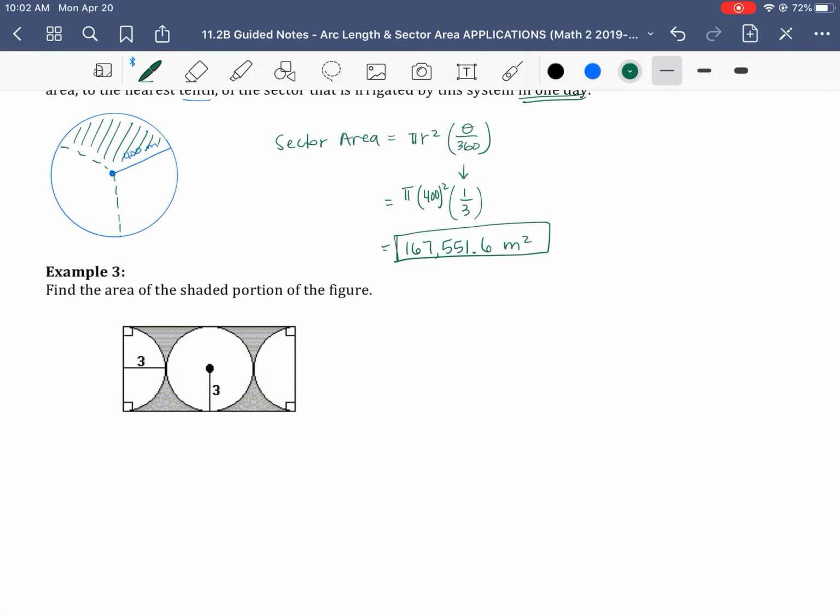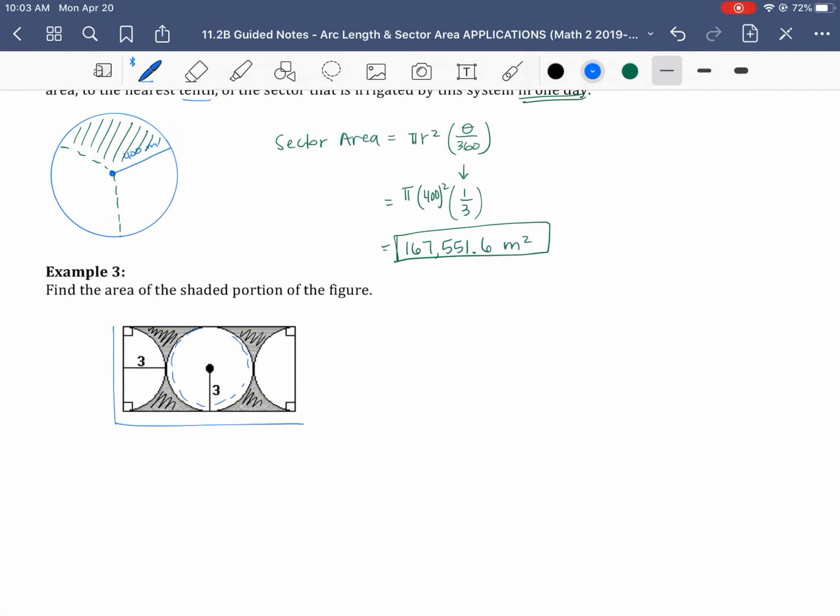This is similar to something you would see on an ACT, just using basic area formulas. But what they're trying to portray is that oftentimes you'll notice this shaded area looks pretty complicated. Those aren't shapes that we know how to find the area of, but we know how to find the area of a rectangle, and this whole thing is just a rectangle, length times width.